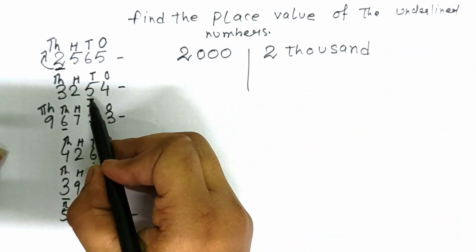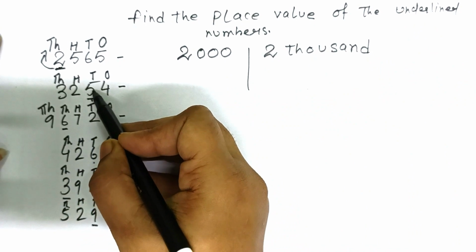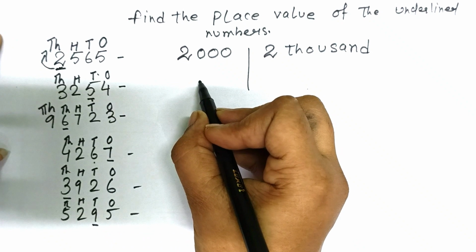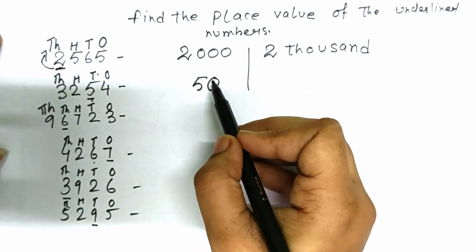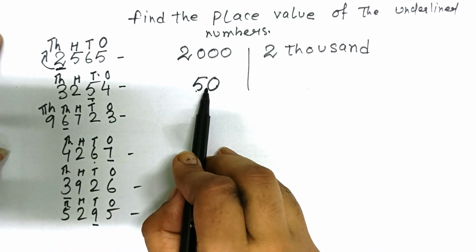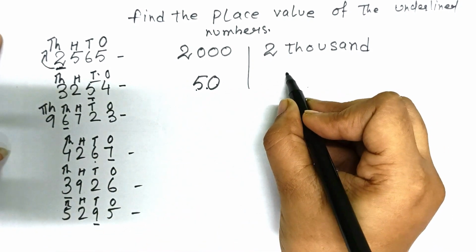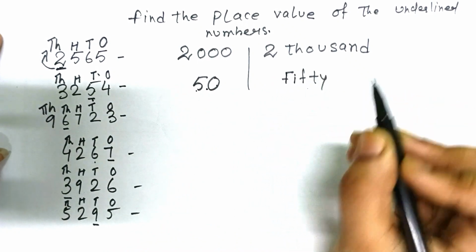The next one is this 5. What is the place value of 5? This is 5 tens, so 5 tens means 50. Tens stands for 0, so just give 0 after this 5. You can write it in words also, 50, FIFTY.